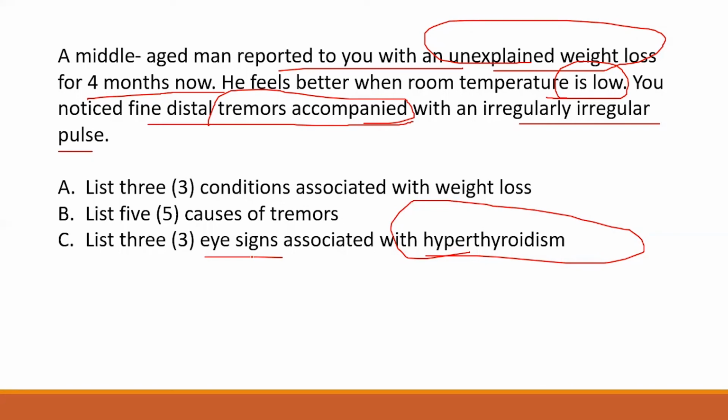Then exophthalmos. Also, people can pronounce it as proptosis, or exophthalmos. That's an abnormal protrusion or displacement of an eye. So, again, we have exophthalmos, lid lag, lid retraction, conjunctival edema, periorbital edema.